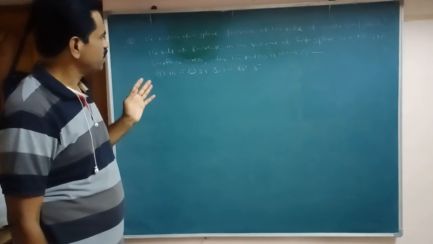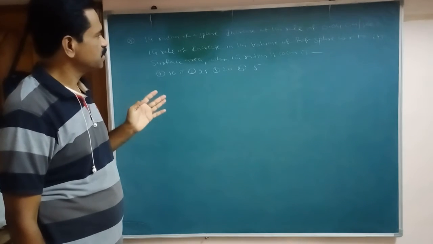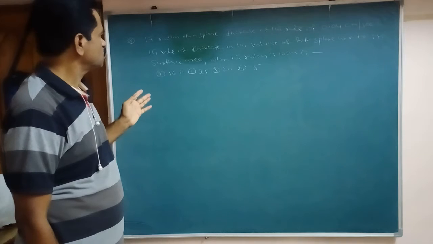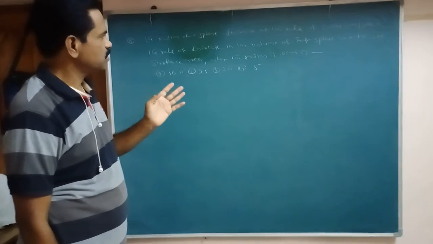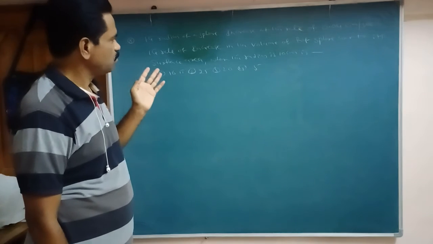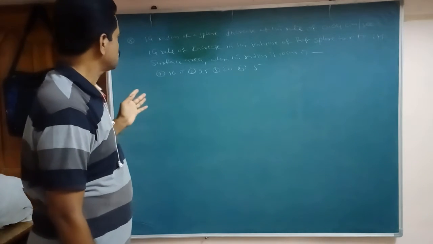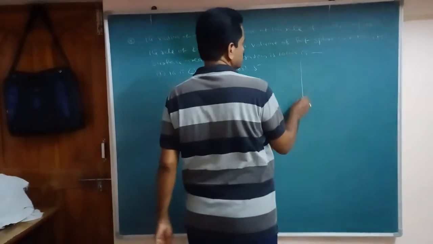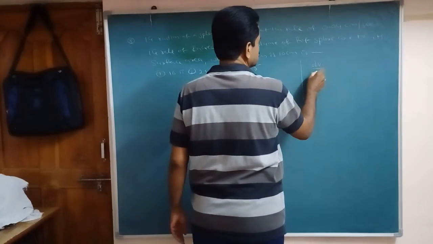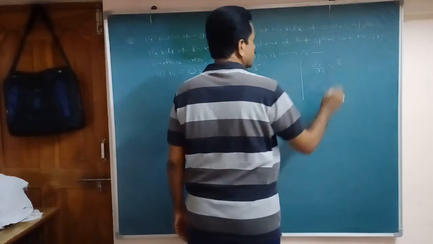We need the rate of increase in the volume of the sphere with respect to its surface area. What are we to find? Suppose dV by dS, we are to find dV by dS.